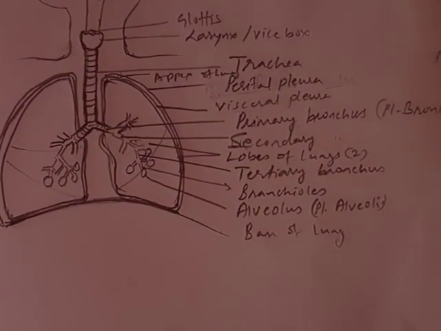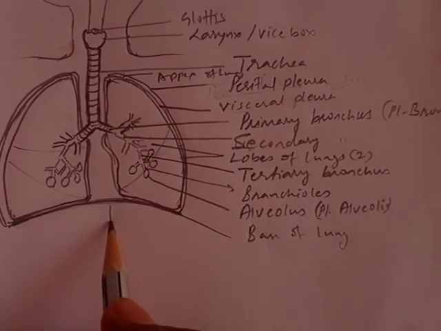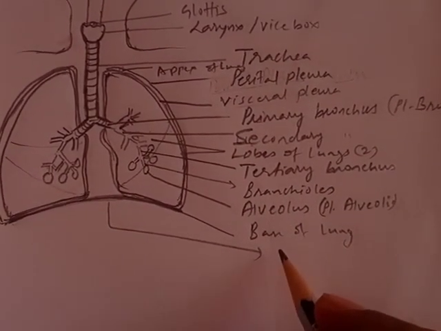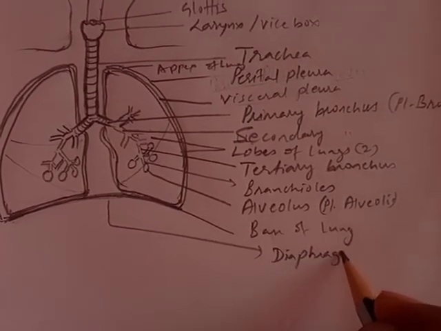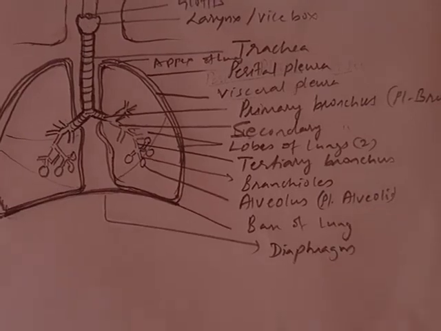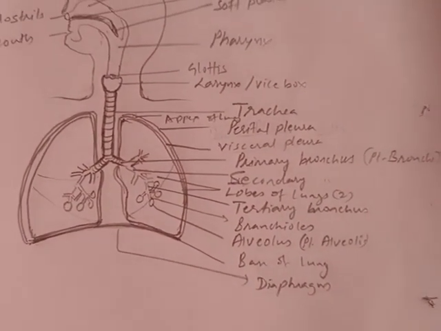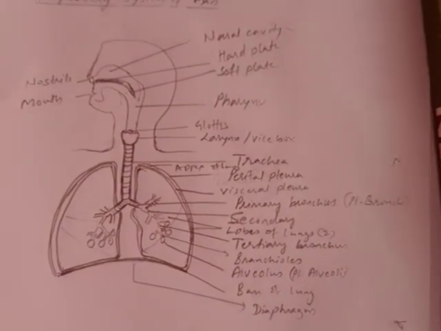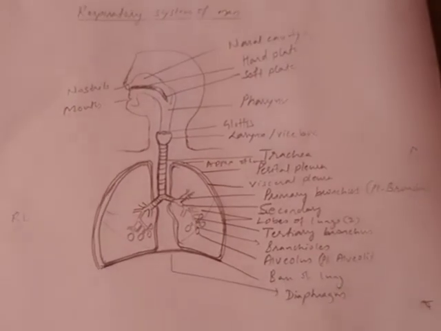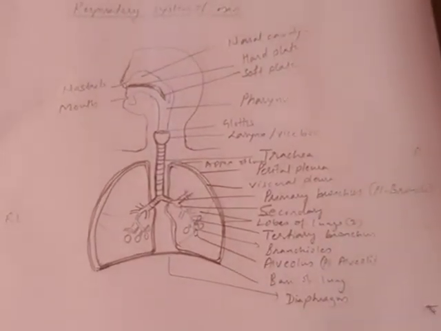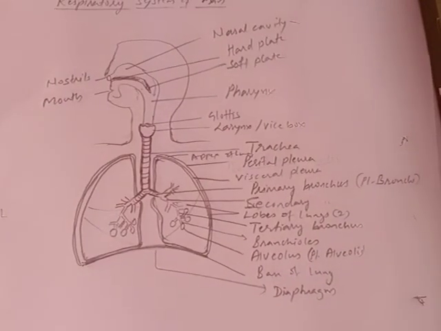Next, this is the diaphragm, you can show it as the diaphragm, right? So these are the parts we should label. This is very important for 5 marks. Remember, students, and practice this diagram many times until you remember. Yes, thank you, students.